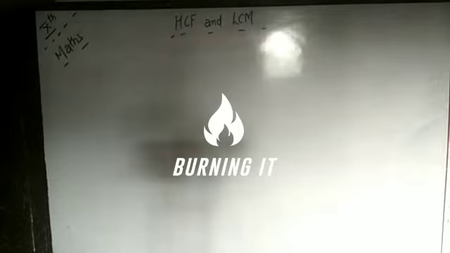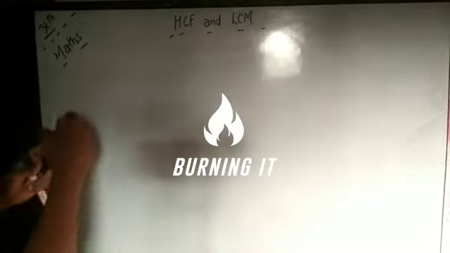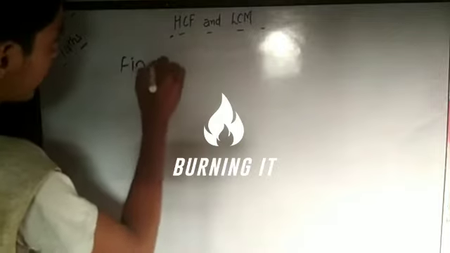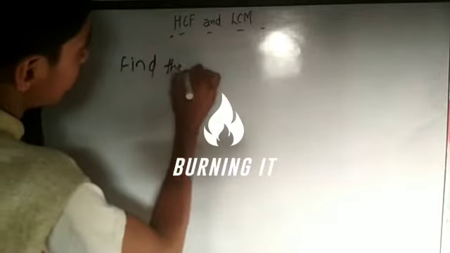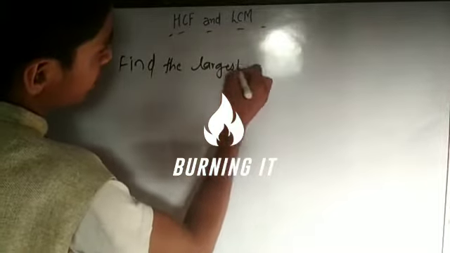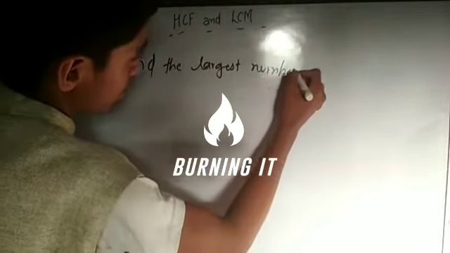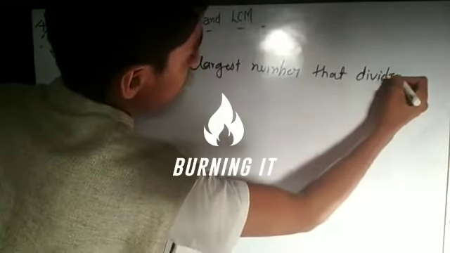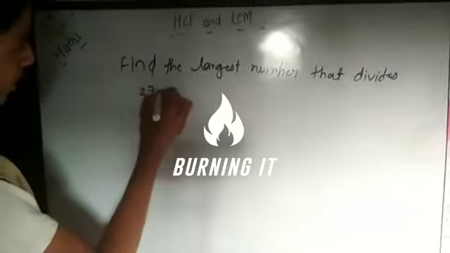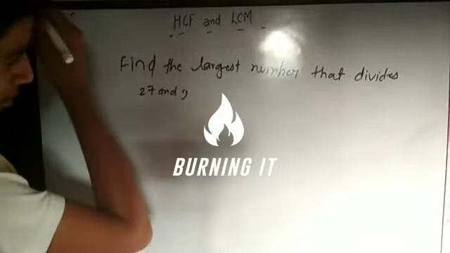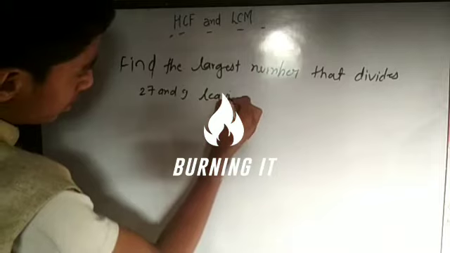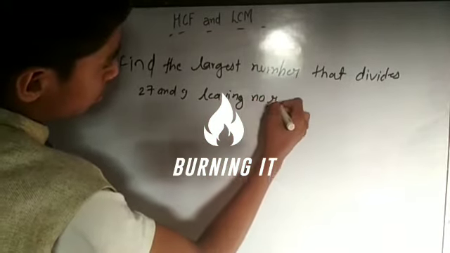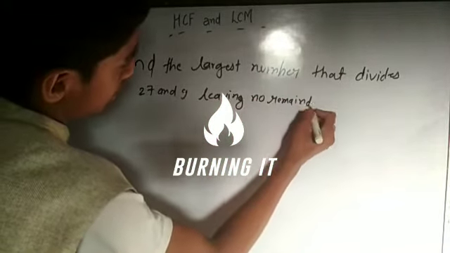So let's see a question. Suppose I am going to give you a question. Whenever we have to find HCF, there might be the term largest. Find the largest number that divides 27 and 9, leaving no remainder.